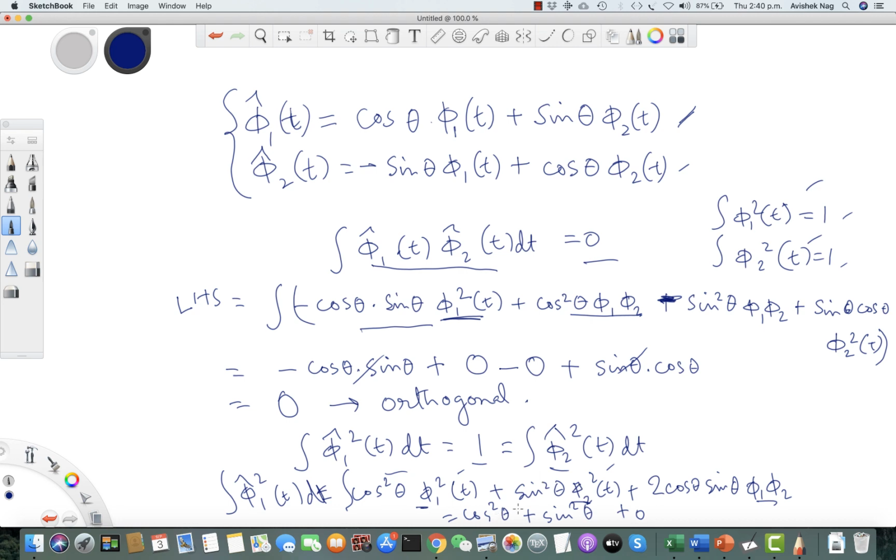And then cosine square theta plus sine square theta is a trigonometric identity which gives you 1. So you can see the integral of phi 1 hat square dt is indeed 1, and you can show the same for phi 2 hat square dt. So therefore we can say that these two are orthonormal.